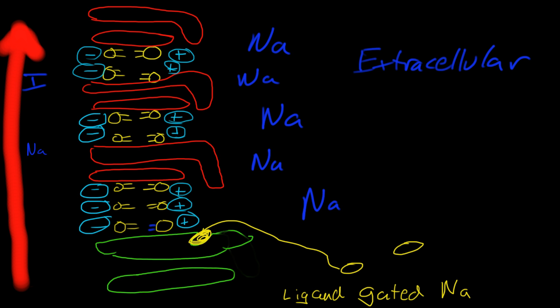And when it opens up, this allows lots and lots of sodium to rush in. Okay? So the sodium rushes in. Now when the sodium rushes in, it changes the polarity of the membrane. So this negative side here becomes the positive side, and the positive side becomes negative.